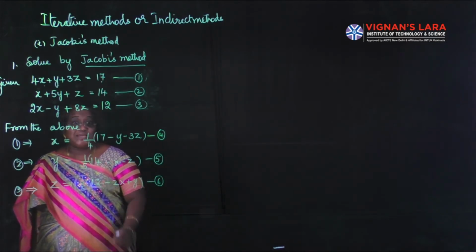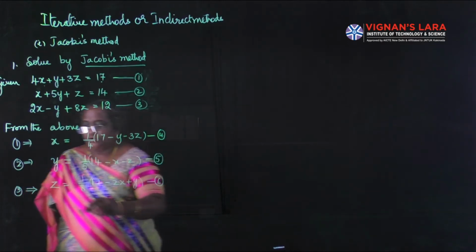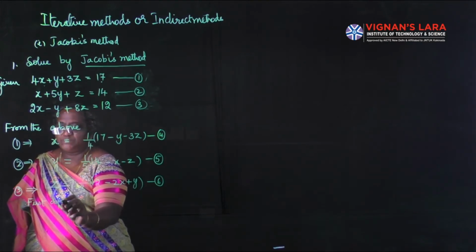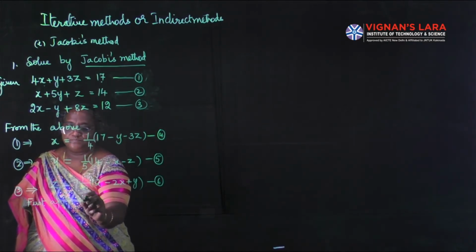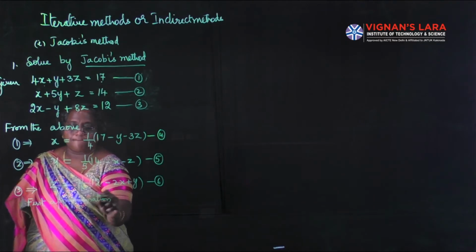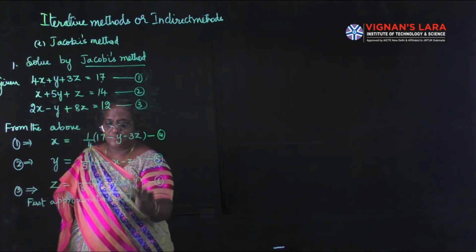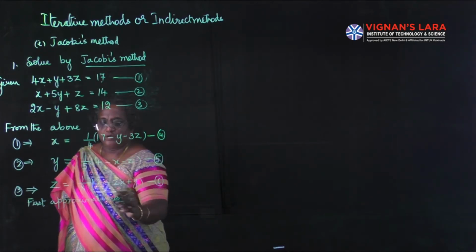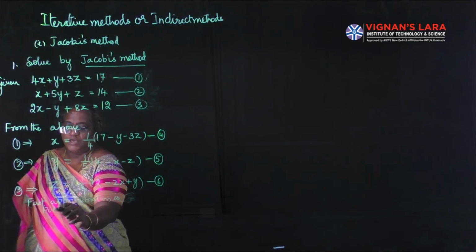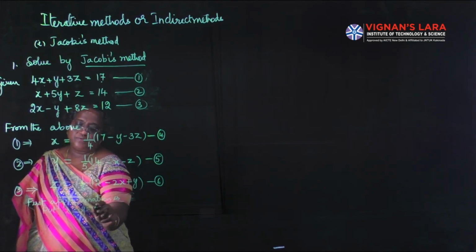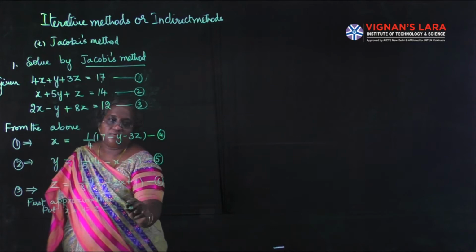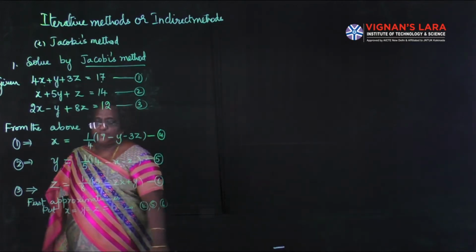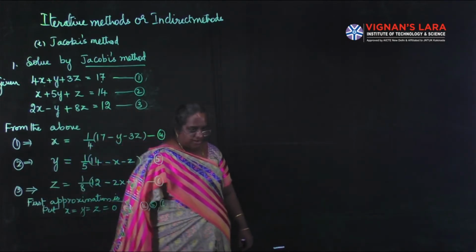Now what is the initial approximation? For the first approximation in Jacobi's method, put x is equal to y is equal to z is equal to 0 in equations 4, 5 and 6. We should have a table here.